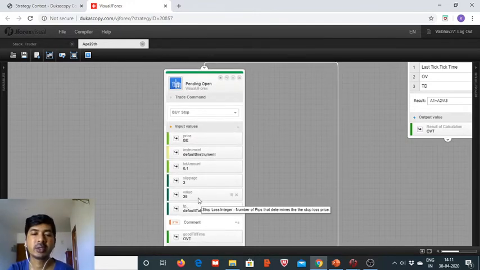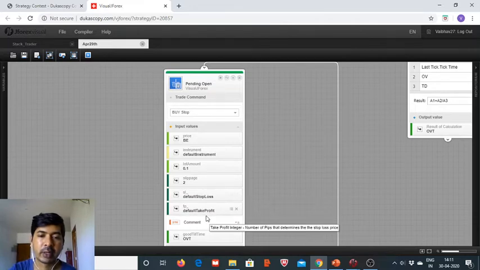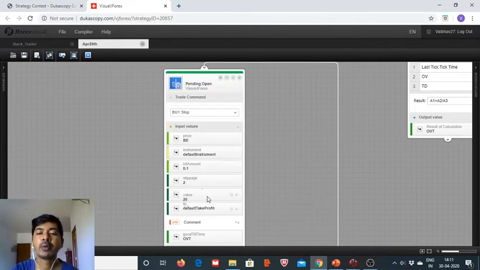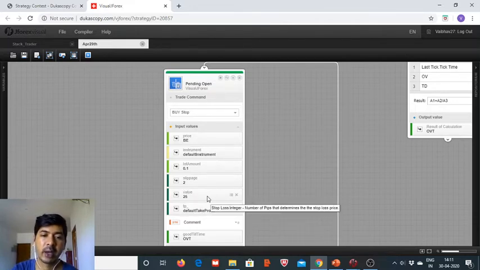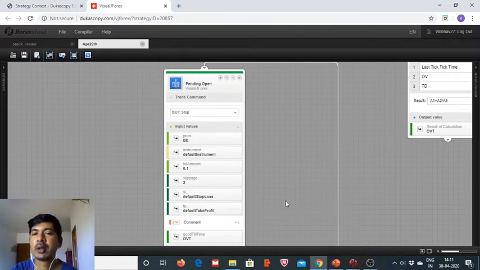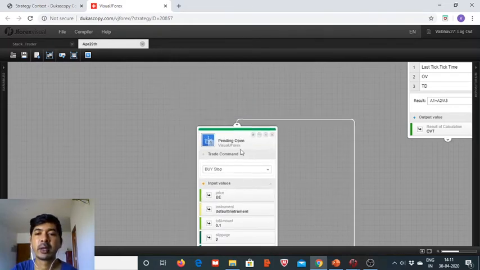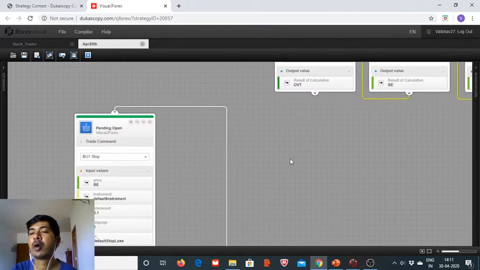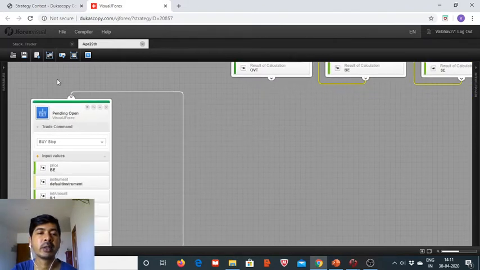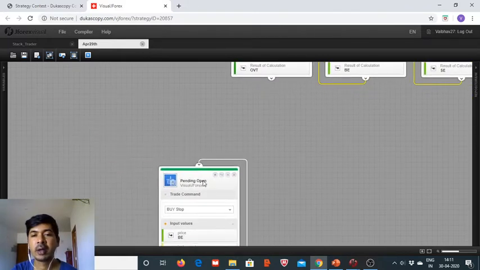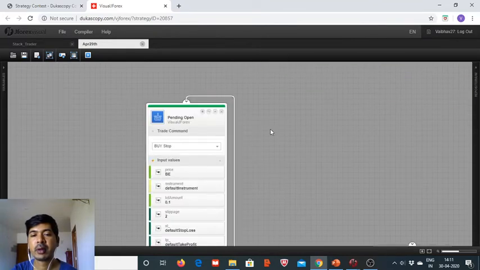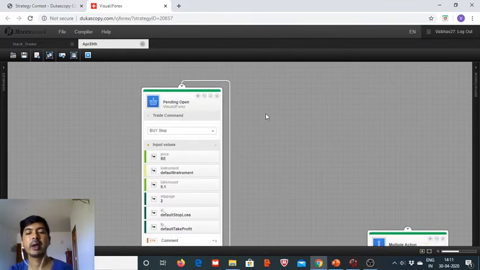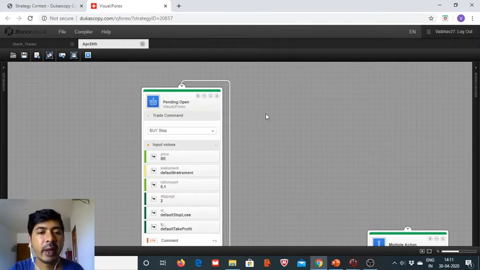So this calculation for the stop loss and the take profit, we will do it tomorrow. For the time being, we keep it as it is with the default values, and when we get back tomorrow for continuing to work on the sales side, then we will define the stop loss and the take profit, and we will keep it dynamic.